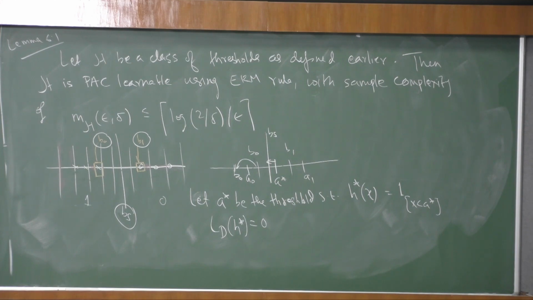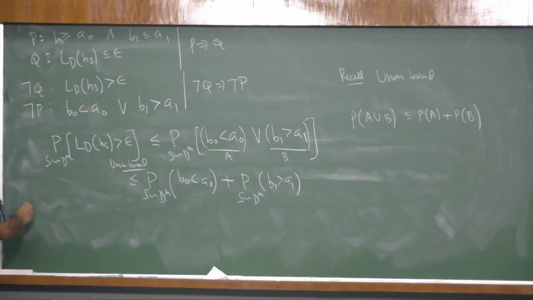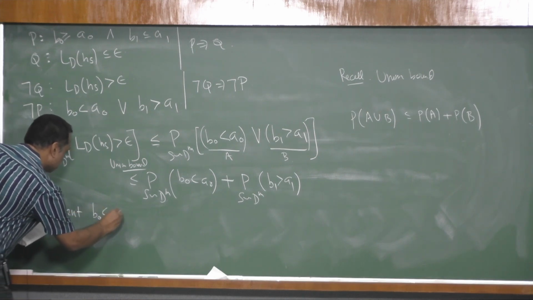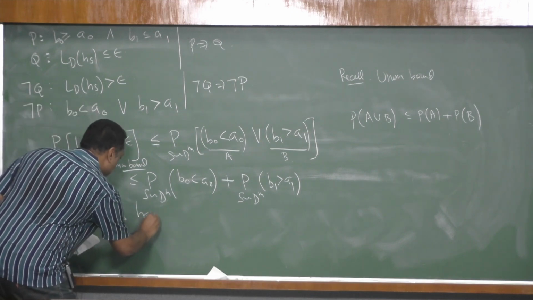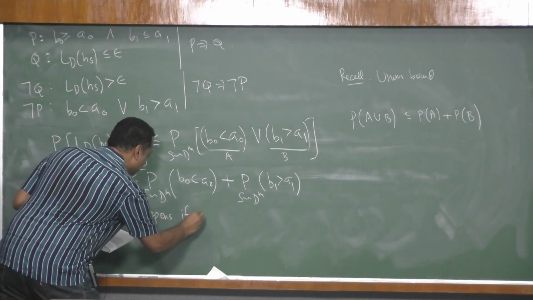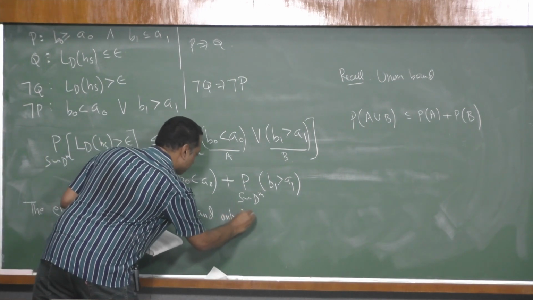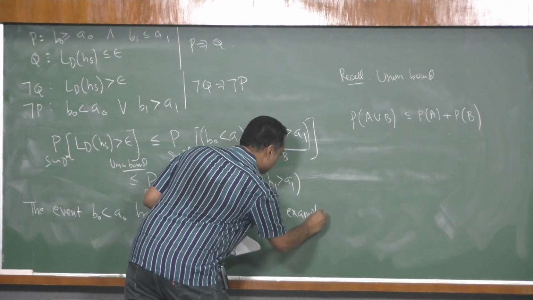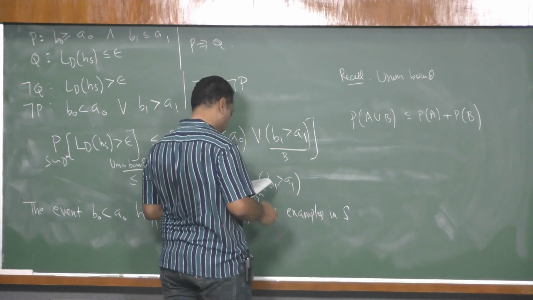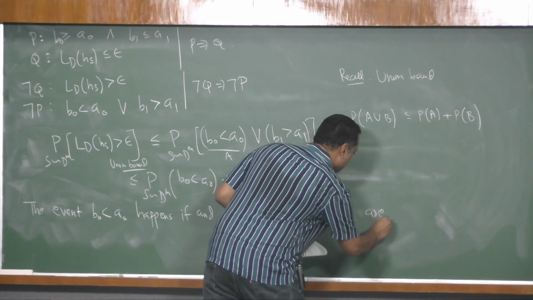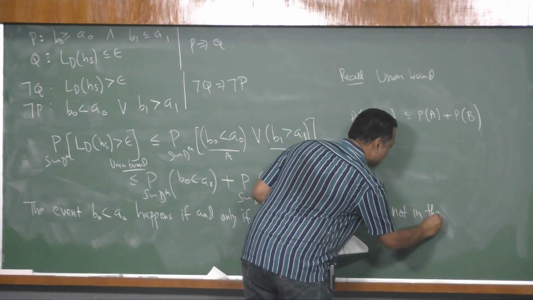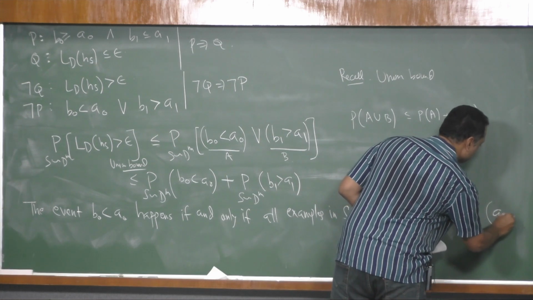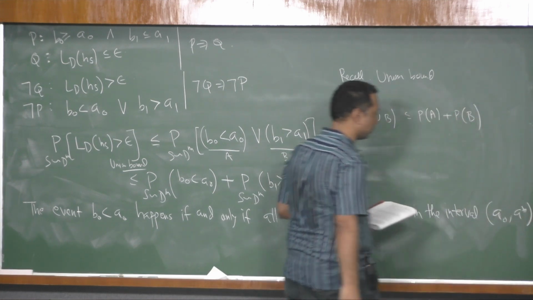So the first one is the event B naught less than A naught happens if and only if all examples in S are not in the interval A naught A star.